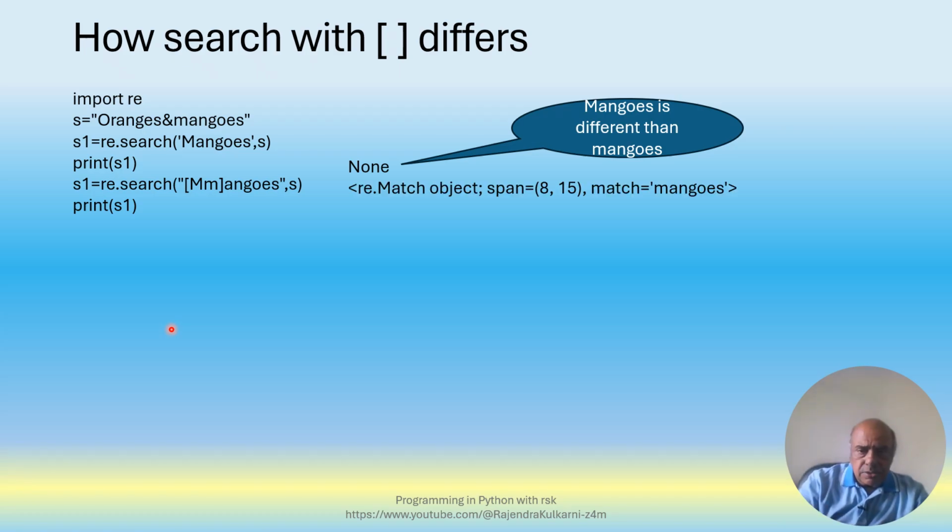Now we get a match, mangoes, contained between positions 8 and 15. Here what we get is the flexibility of using capital M and small m so that we can get a result out of our search, which can be a desired result.